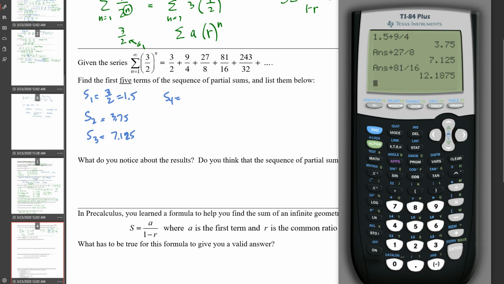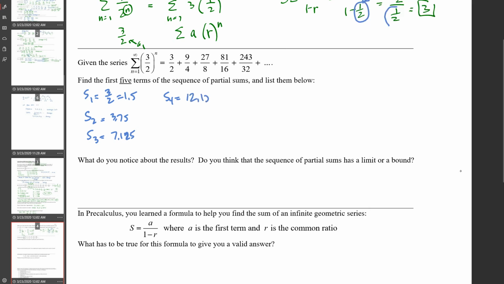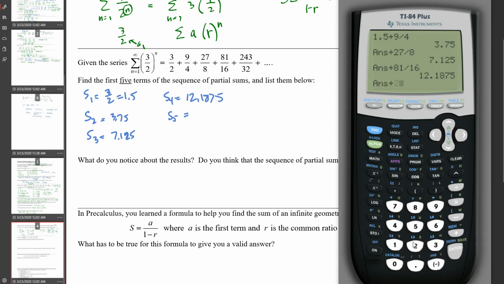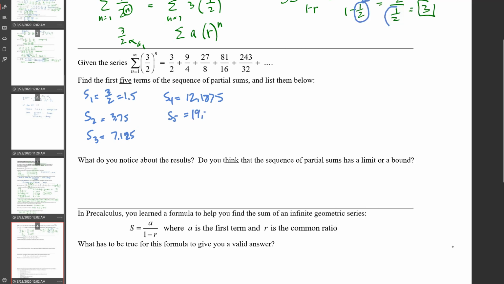I'll have 12.1875, and S5 will be this number plus 243 over 32. This number will be 19.781.